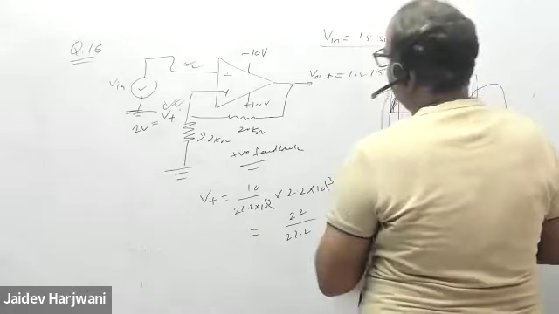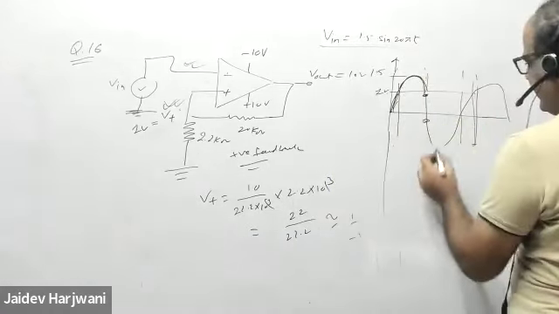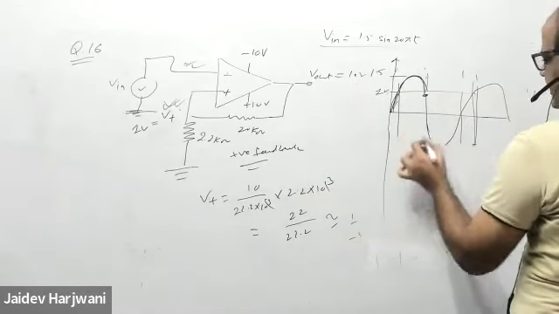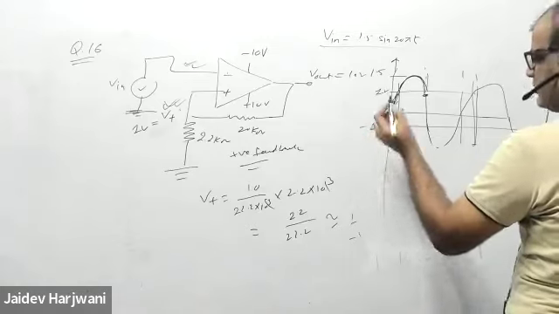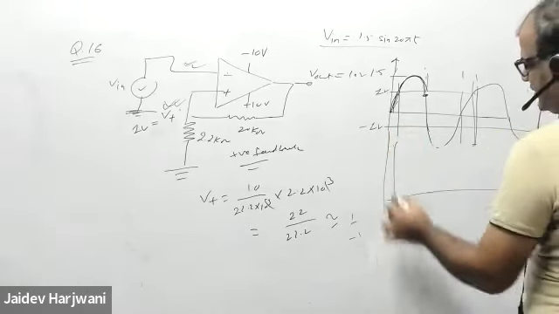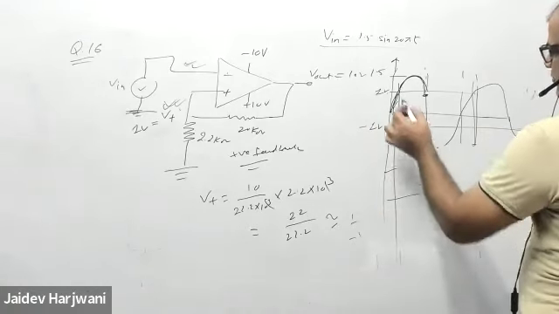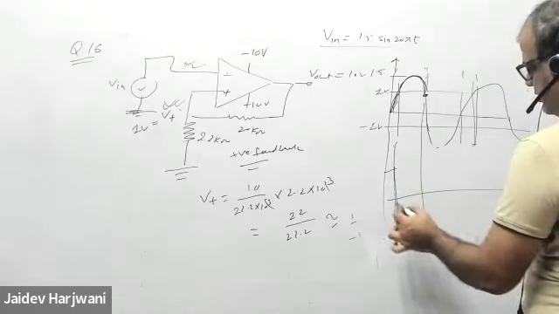Similarly, if V output is negative, there will be one more turning point at minus 1 volt, correct. So initially it is positive, and from here to here it will be negative.